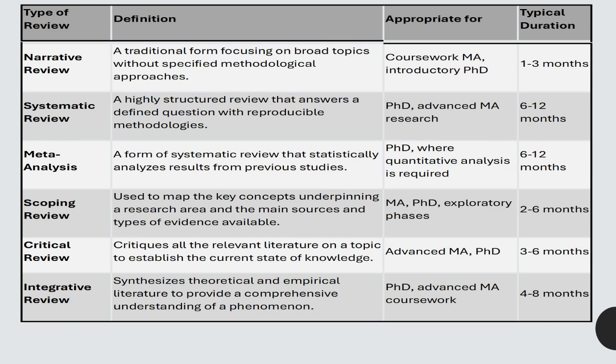Those are usually the descriptive literature reviews, and they might be enough in a coursework master's, or introduction to a PhD, or just for your proposal. And this type of literature review can take you anything from 1 to 3 months. It depends on whether you read prior to your dissertation or your thesis.